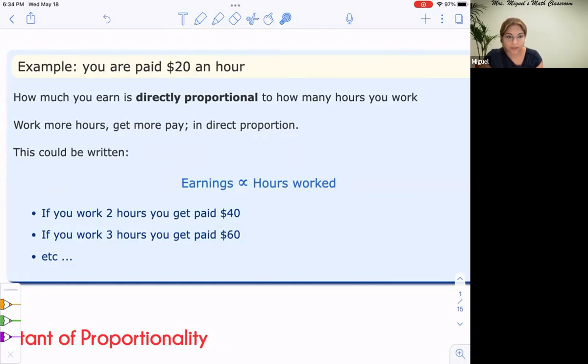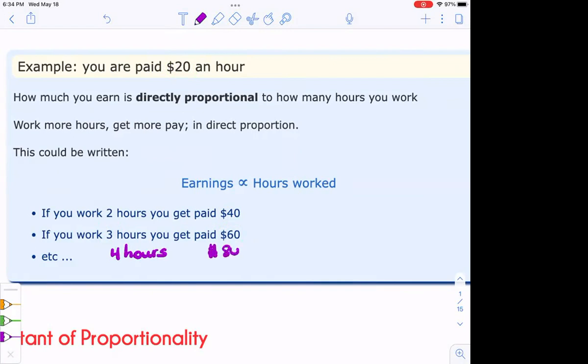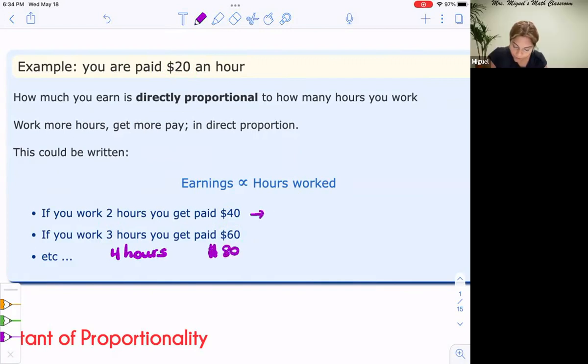Yes. So if you worked 4 hours, how much money would you take home? $80. So for 2 hours, it is 2 by 20. For 3 hours, it's 3 by 20.